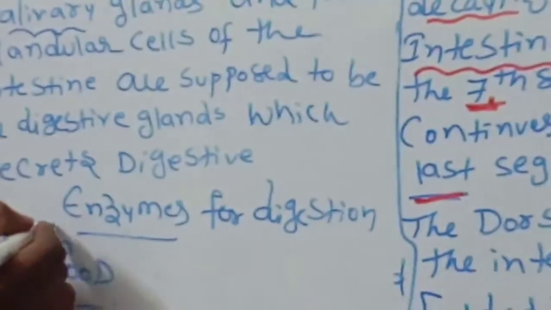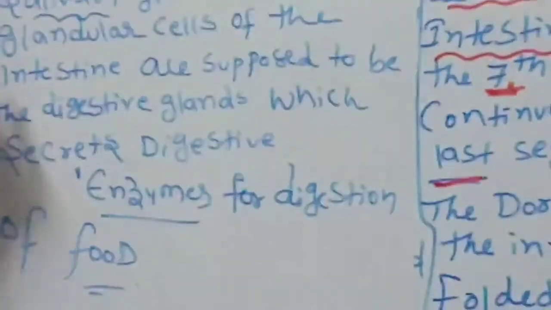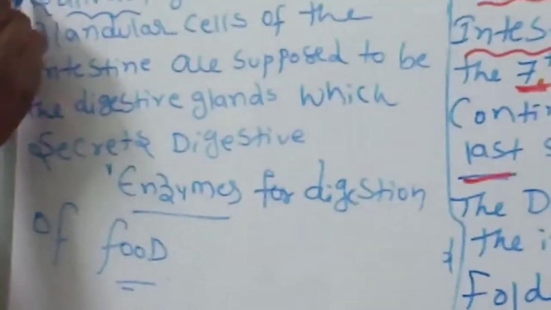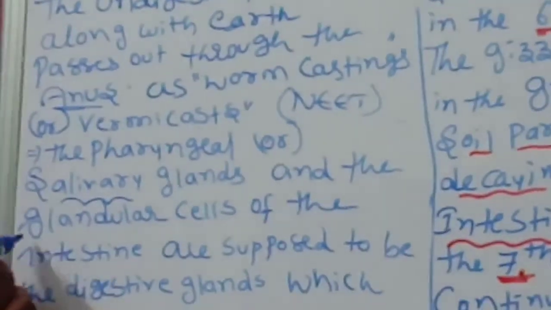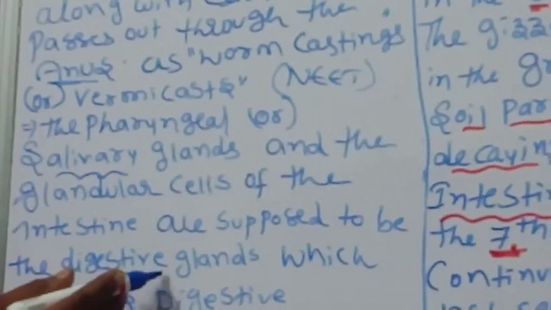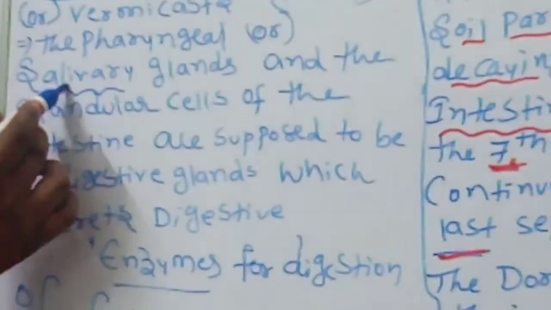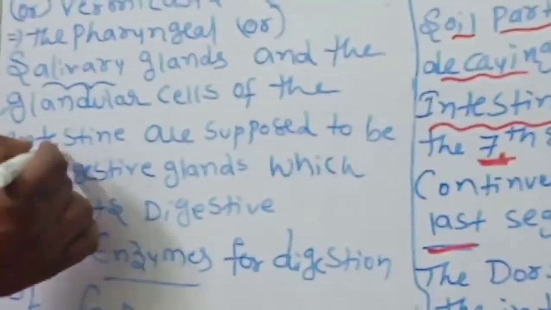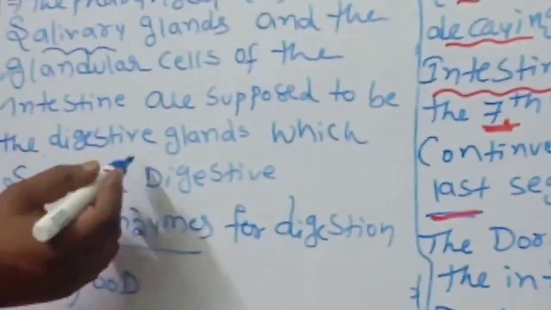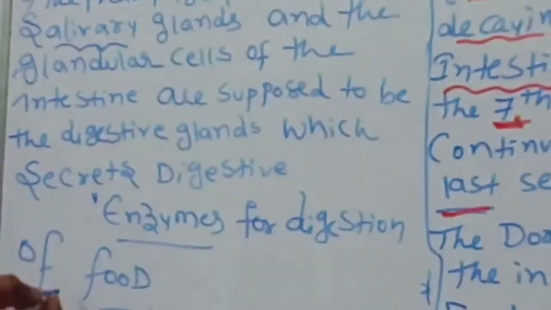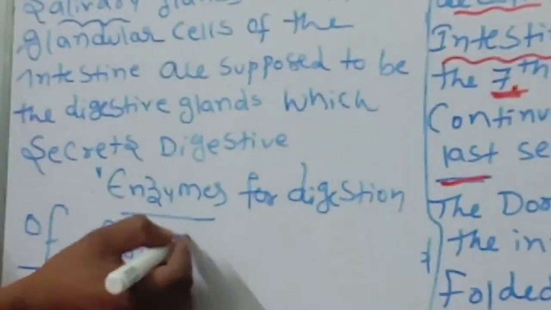What are the digestive glands? They secrete digestive enzymes for the digestion of the food.